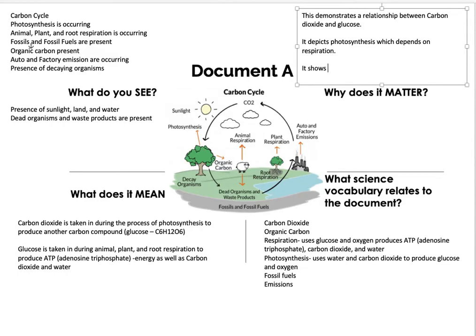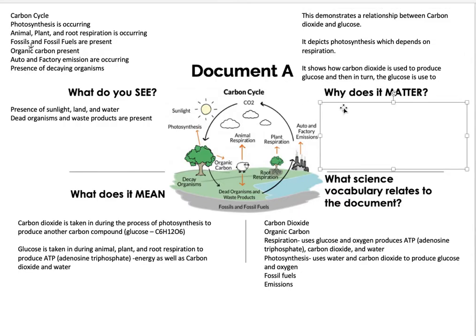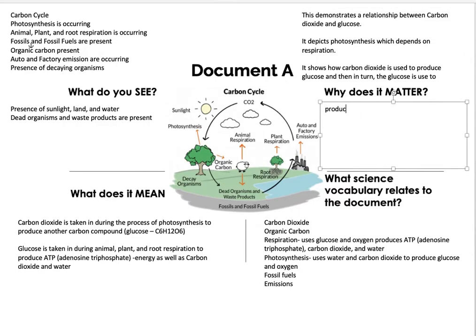It shows how carbon dioxide is used to produce glucose, and then in turn the glucose is used to produce ATP, water, and carbon dioxide.